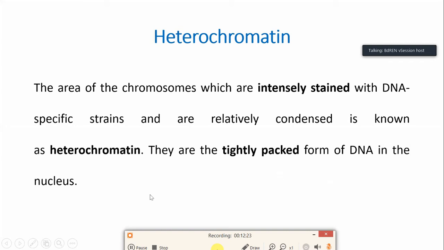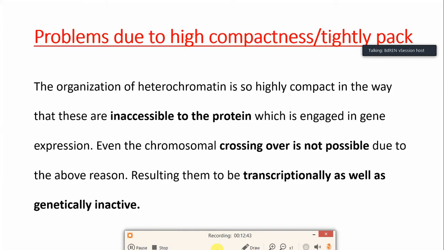Scientists have found that some chromosomal regions are deeply stained and tightly oriented in the nucleus, so these are known as heterochromatin. A problem occurs due to the high compactness, which affects the relationship with function.